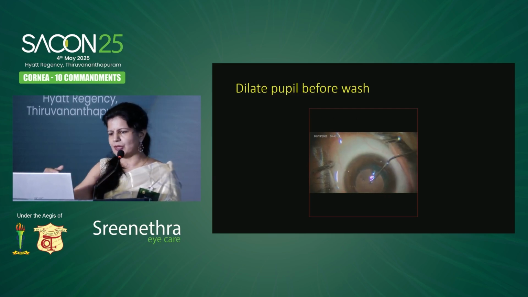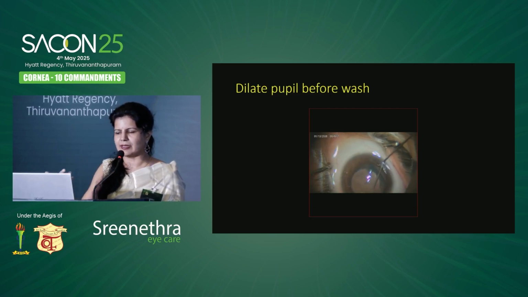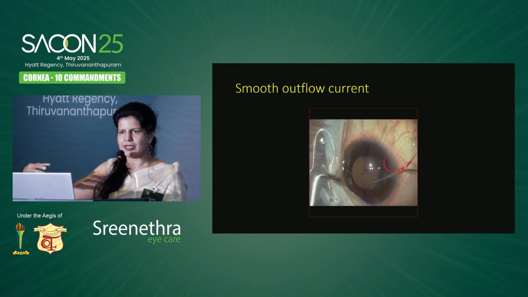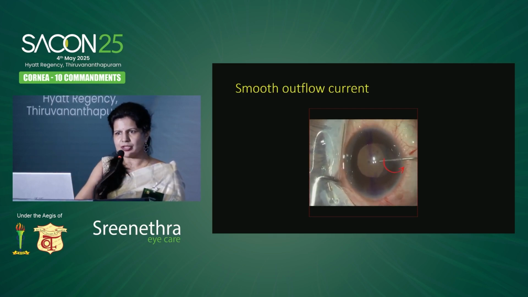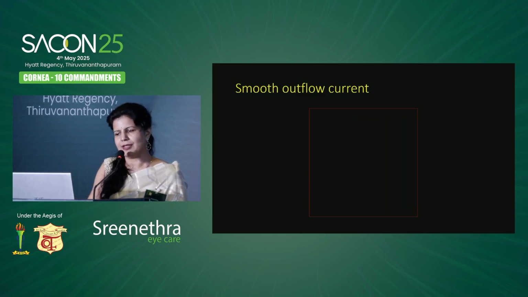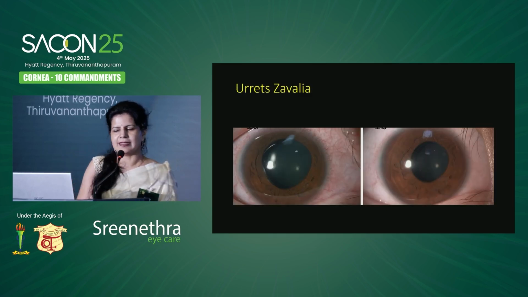And when doing so, it is important that the flow of the viscoelastic, when you use the irrigation fluid, follows a particular direction and easily comes out of the side port or the main port, for which the side port itself should be slightly larger than what you would do for cataract surgery, and irrigate the viscoelastic from under the ICL as well.